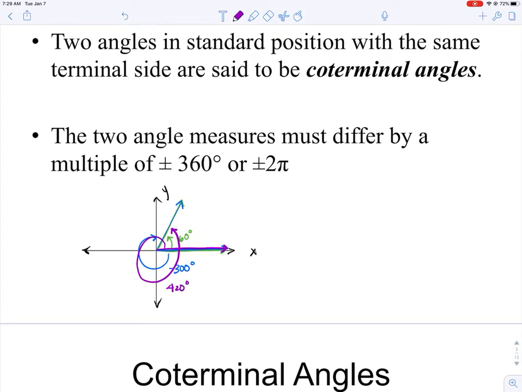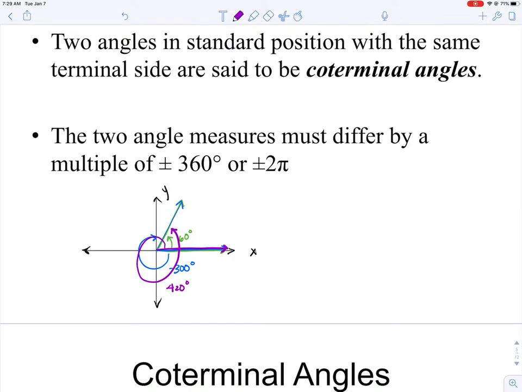So those three angles are all coterminal, meaning that they terminate in the same place. Now, the cool thing about coterminal angles is because they terminate in the same place, their ratios for sine, cosine, tangent, and any of their reciprocals are going to be the same, because the ratios for x, y, and r would end up being the same since they terminate in the same place.